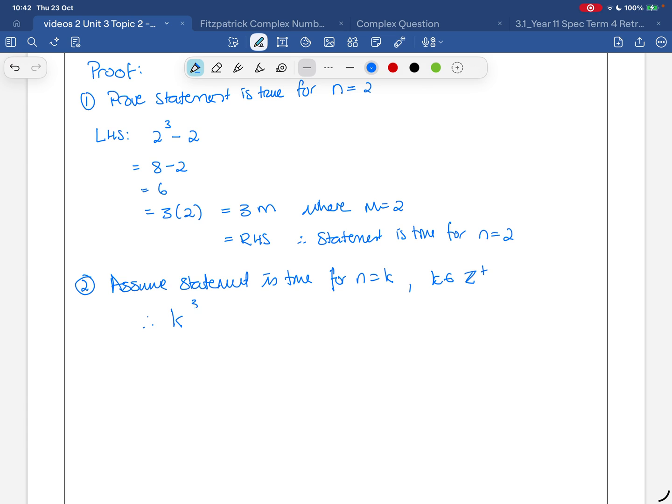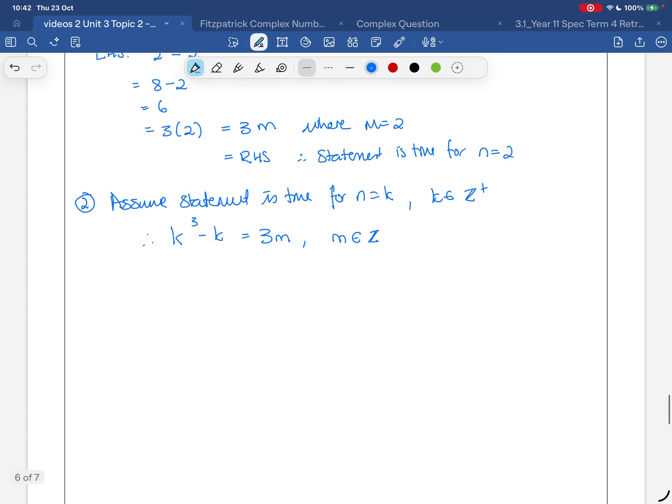So I've got k cubed minus k is 3m, and m is some integer. All right, my third step is that I need to prove that my statement is true for n equals k plus 1, and k is a positive integer.